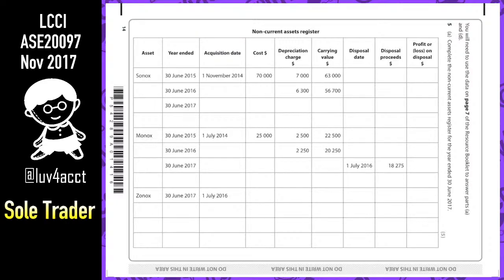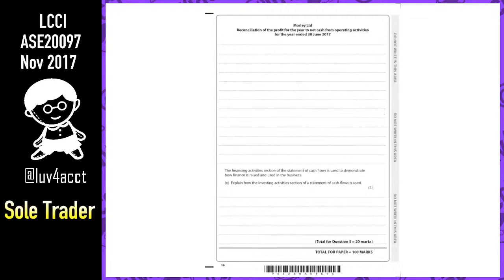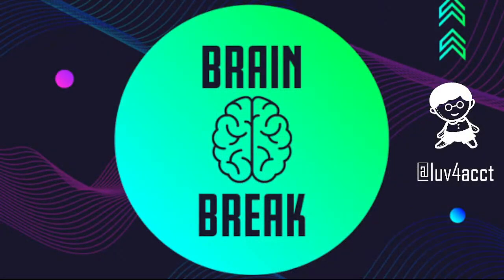We have been dealing with one of these registers. And then statement of cash flows, reconciliation, and then some explanation questions. Okay, so good. Now we'll have a break, and then after we come back, we will continue with questions 4 and 5.